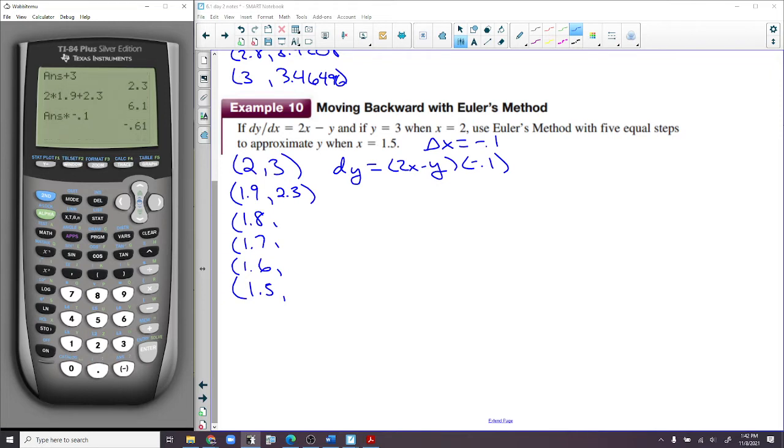So 2.3. 2 times 1.9 plus 2.3, get that, times negative 0.1. So this, once you get it, it's just that it's tedious, right? Plus 2.3. So 1.69. Plus 2 times 1.8 times negative 0.1. There's the change, and we add 1.69. So it's 1.161. Plus 2 times 1.7 times negative 0.1. There's the change. Add that to 1.161.